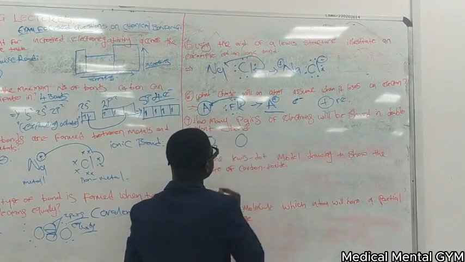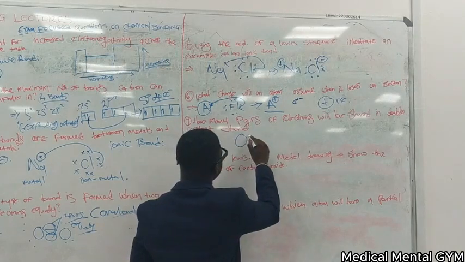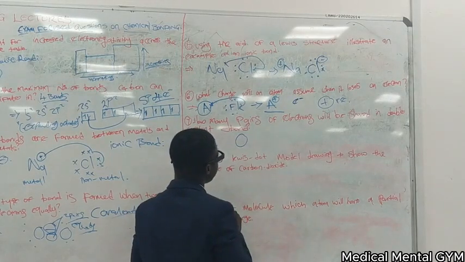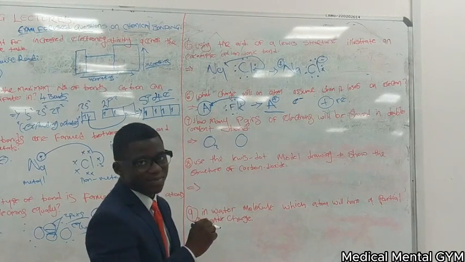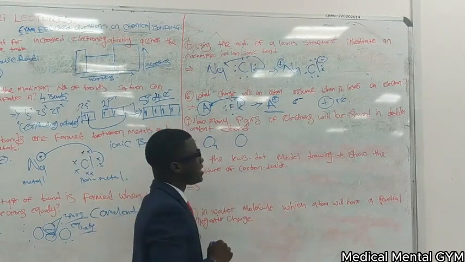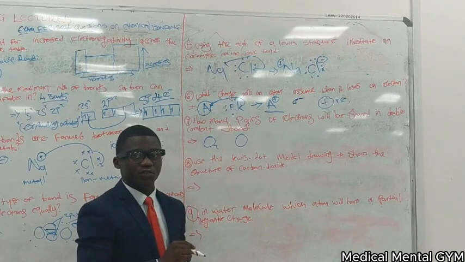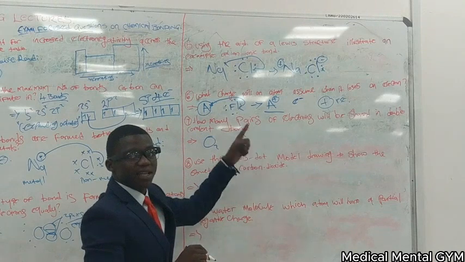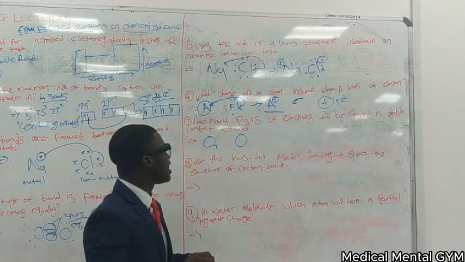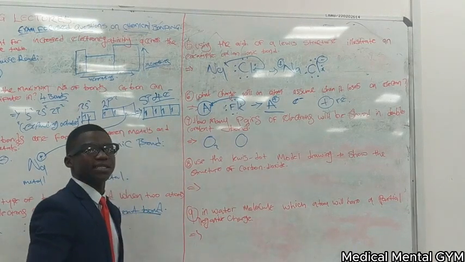So oxygen has 6 electrons in its outermost shell, and it requires 2 to be stable. So oxygen is able to form a bond with itself and share the 2 electrons it has with another oxygen, so that they reach a state of octet.